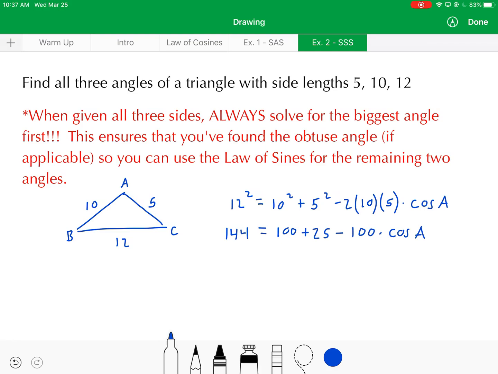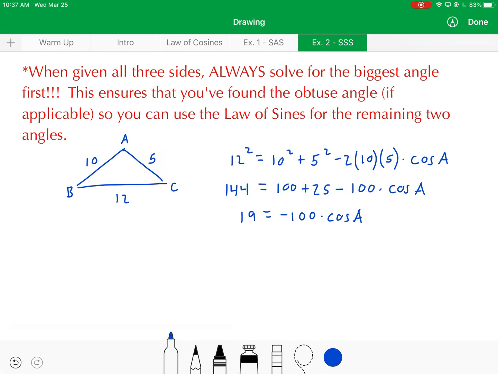You subtract that by 25, you end up with 19, right? 19 is equal to negative 100 times cosine of angle A. Now divide the negative 100 over. Use an inverse function here. A is going to equal the inverse cosine of negative 19 over 100.